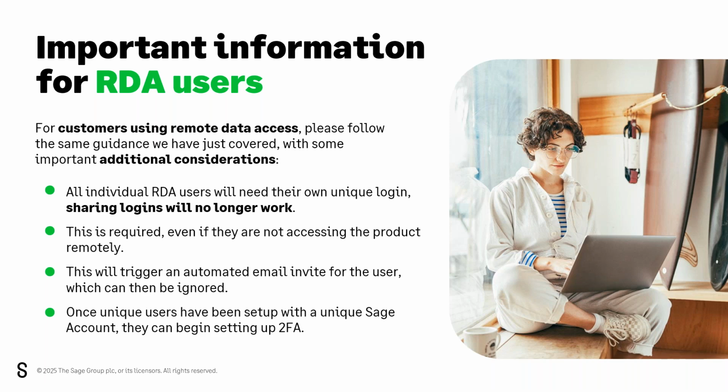An email is required even if they're not accessing the product remotely. This will trigger an automated email invite for the user, which can be ignored if they're not going to be using the product remotely. If they are going to be using it remotely, then they do need to action that email. And finally, once unique users have set up their own unique Sage account, they can then begin to set up 2FA.